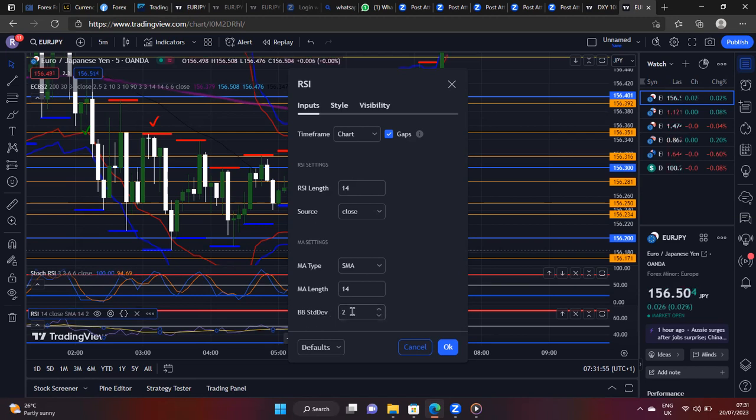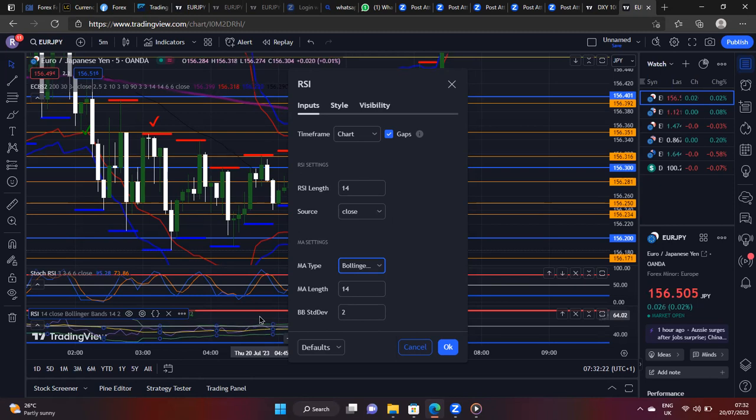If it's not at 2 on your default setting, most of the time it should be on default. But if it's not, you want to make sure that BB STD, that is standard deviation, is set to 2. MA type should be set to SMA, not Bollinger Band. If you're having Bollinger Band, look at what you have. You have stuff like this.